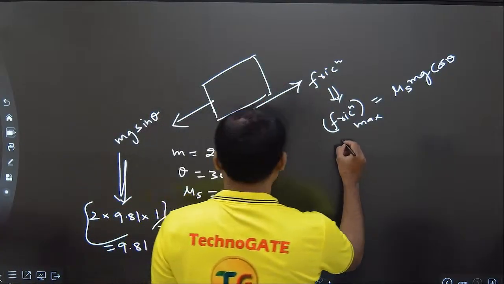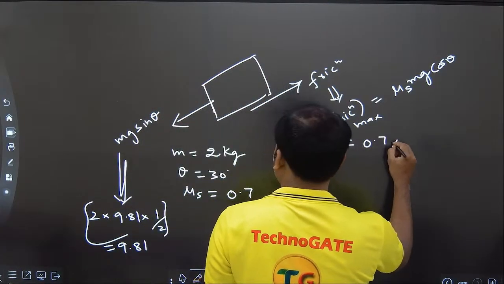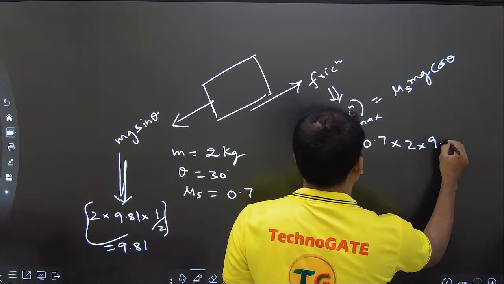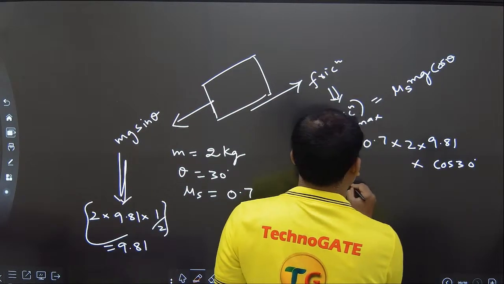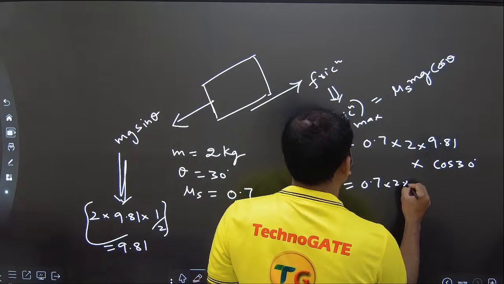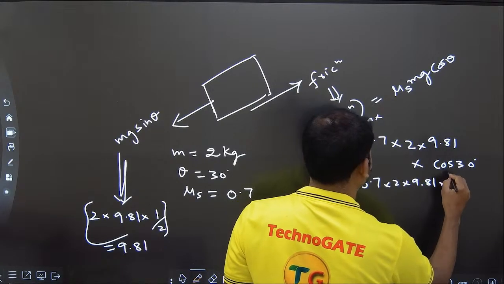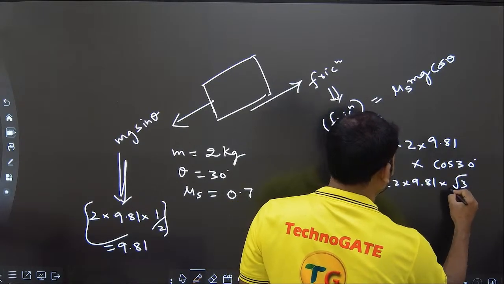Let's see how much that is. mu s is 0.7, m is 2, g is 9.81, into cos 30 degrees, which is sin 60, equal to √3/2.